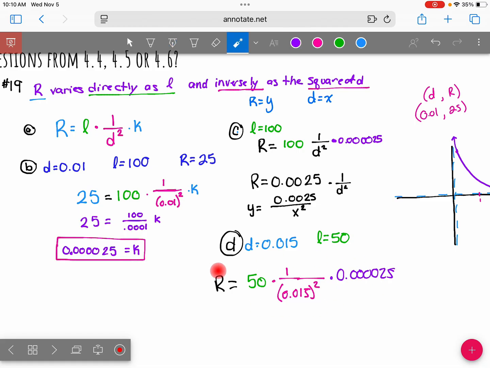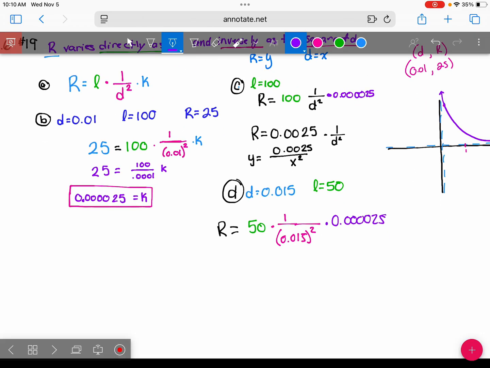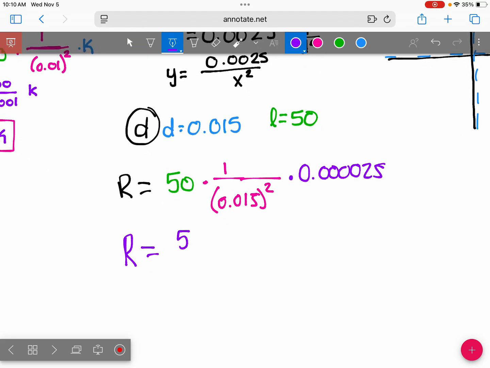When we type this into the calculator and we simplify it down, you can just type this in exactly as it is right here. What do we get? Yeah, 50 over 9.